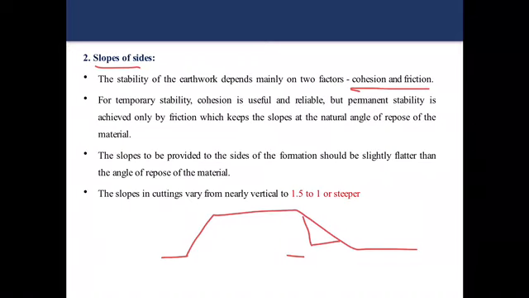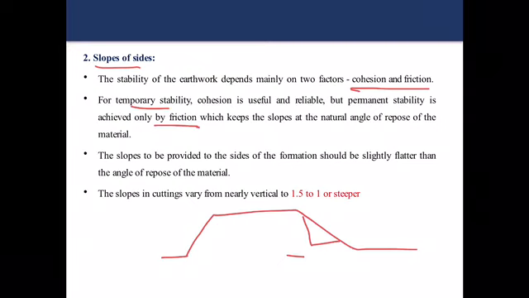So now here, for the temporary stability of any slope, only the cohesion will be reliable. But if you want to look into the permanent stability of any slope, we have to consider the friction, which keeps the slopes at a natural angle of repose of the material, so that your slope will not fail because of lack of friction.